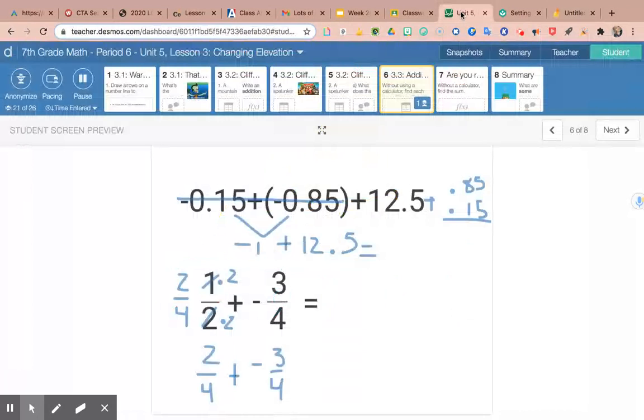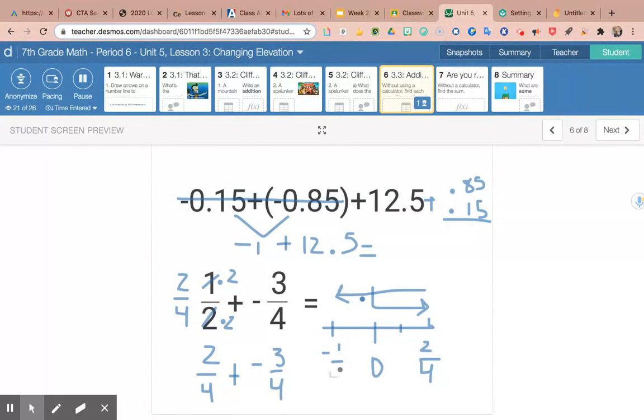Okay, well, you can also think of this as, let me just draw it real quick. So I move to the right 2/4, and then I move back 3/4. So when I cross the 2/4, that's going to be 0, so I still have negative 1/4 left over.